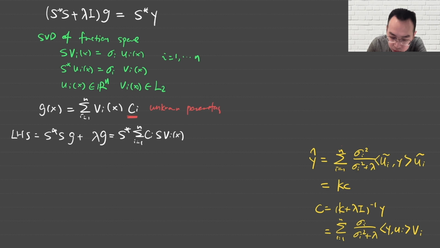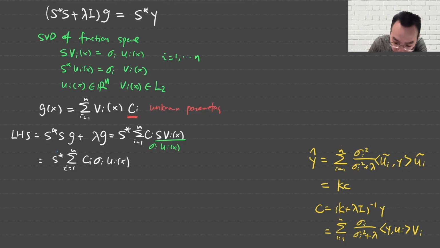We can move this inside, and using the SVD property, that gives us ui of x times sigma i. And so that equals S star times the summation i from 1 to n of ci sigma i ui of x.